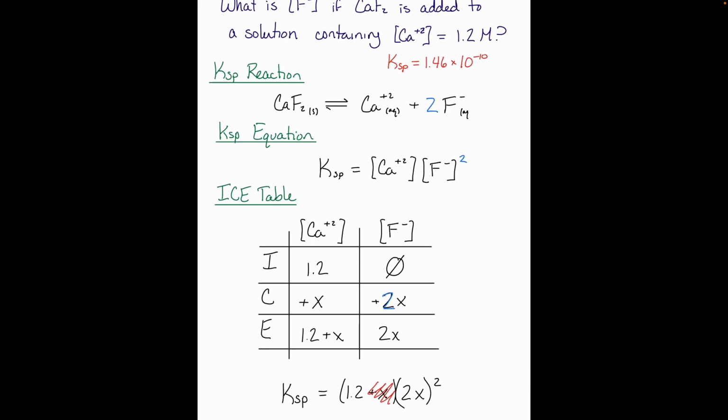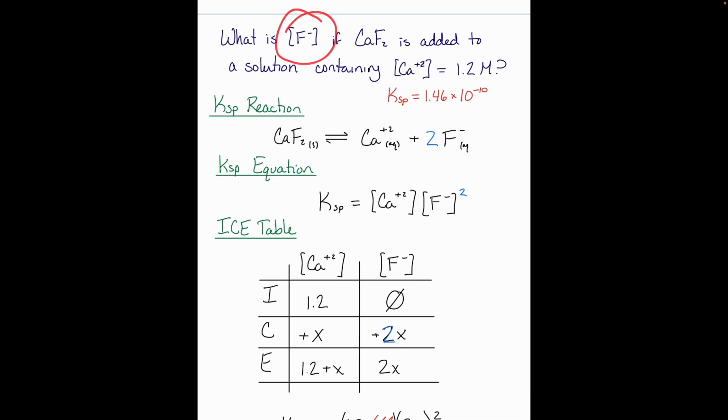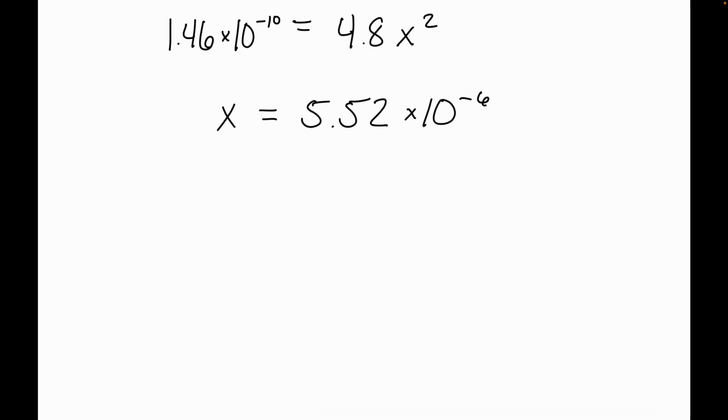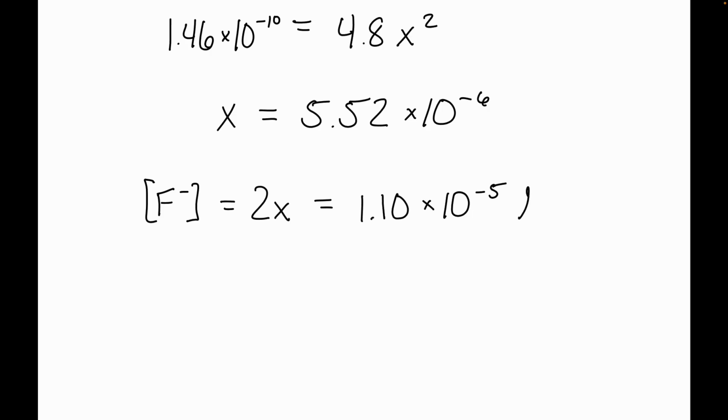No, not yet, because I asked for fluoride, and fluoride is not x, but 2x. So that's 1.10 times 10 to the negative 5. Put some units on it, molar.